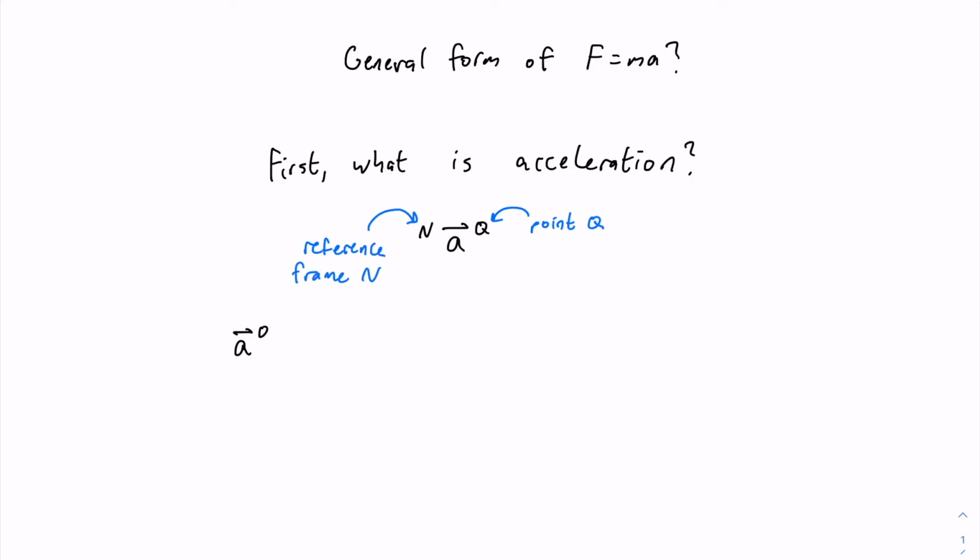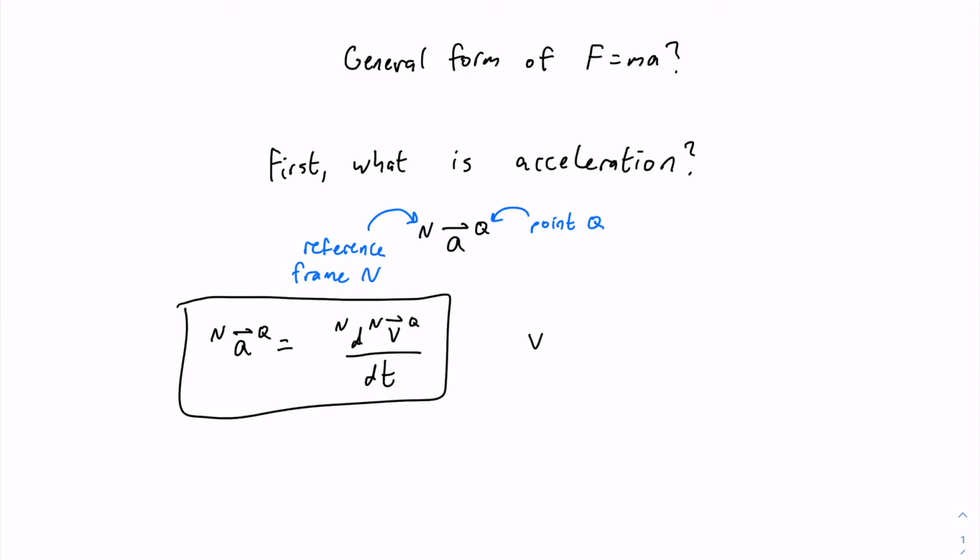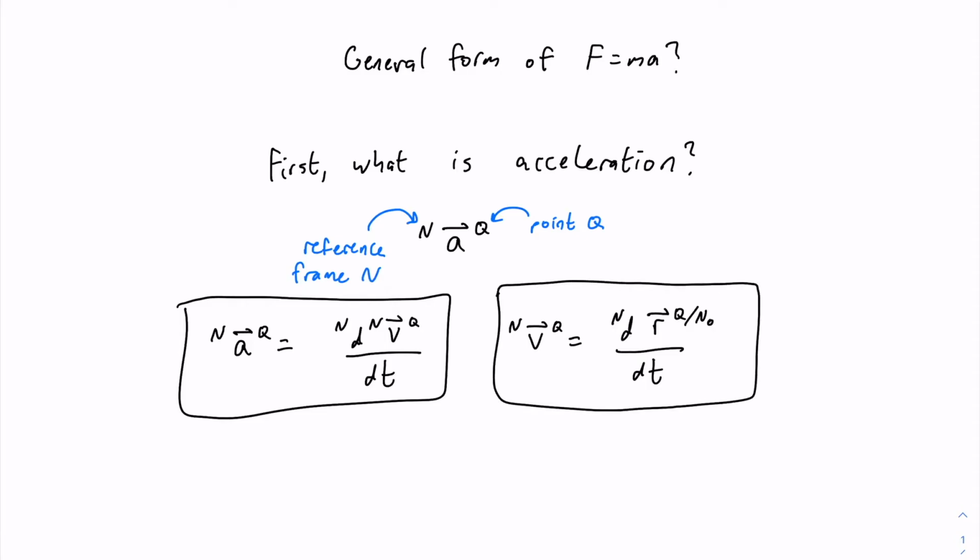So the acceleration of a point in reference frame N is the time derivative in reference frame N of the velocity of that point in reference frame N. And the velocity is the time derivative in reference frame N of the position vector of that point from another point fixed in reference frame N. This is probably super confusing right now, so let's do an example where I walk through calculating the acceleration vector.